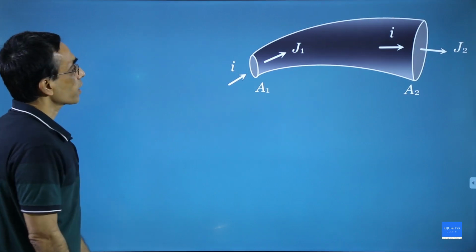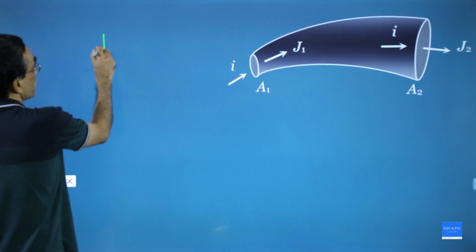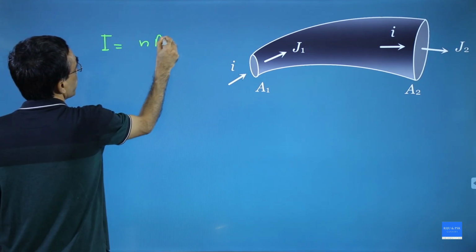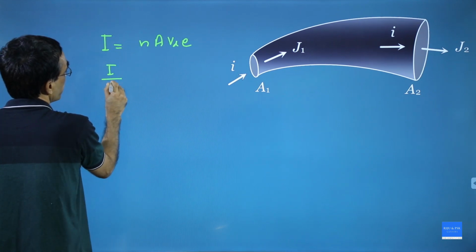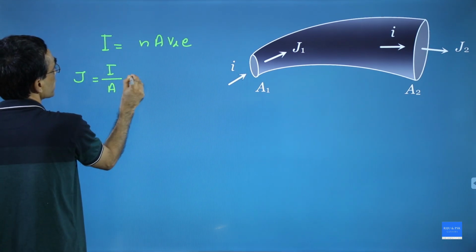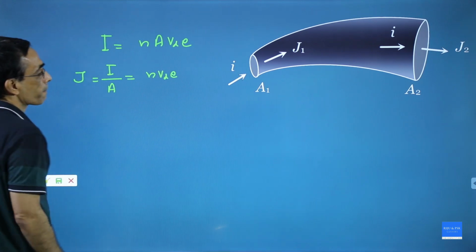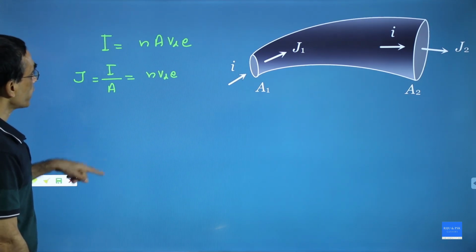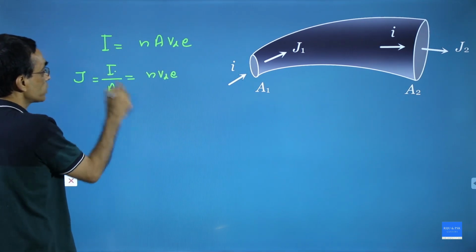Alright. Now there is something about current density. Again I am taking the same equation, I equal to n A v_d e. Fine. So what is I by A? I by A is current density, and that current density is given by n v_d e. Now we know that current is constant throughout, area is not constant.